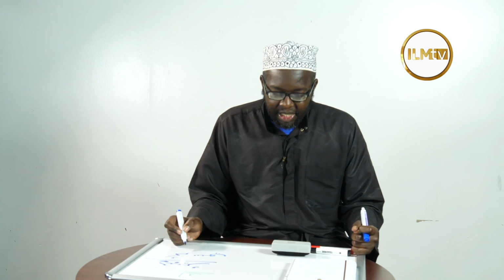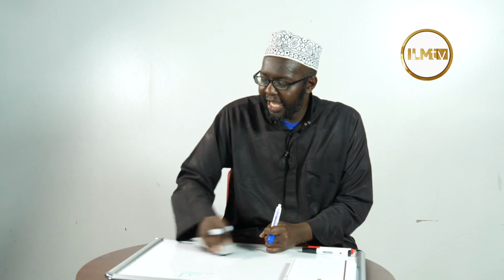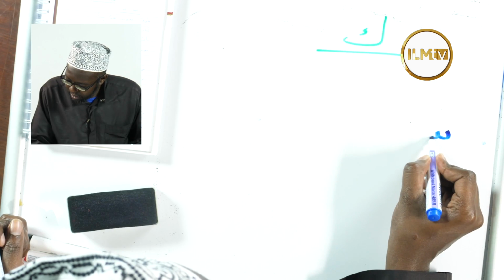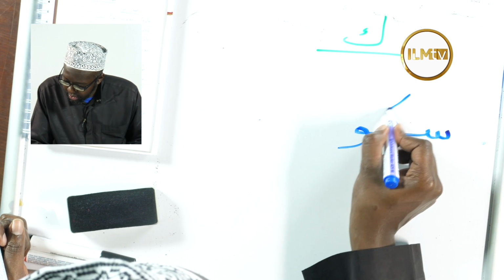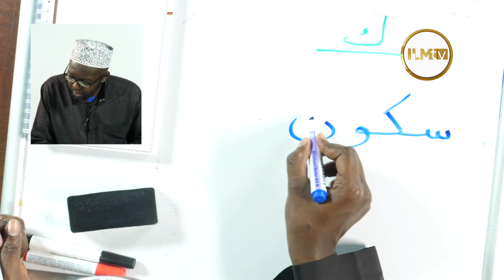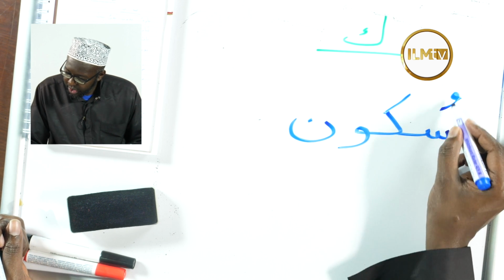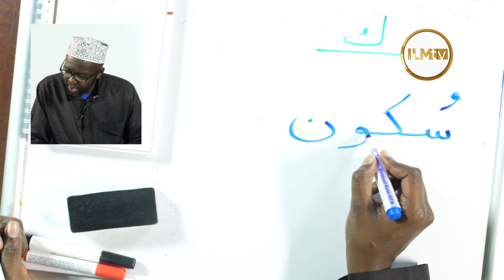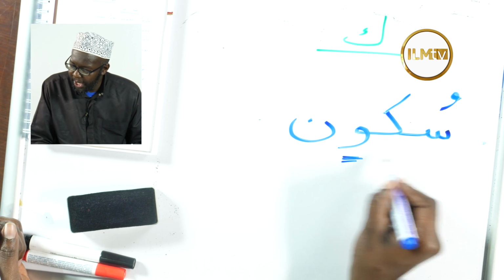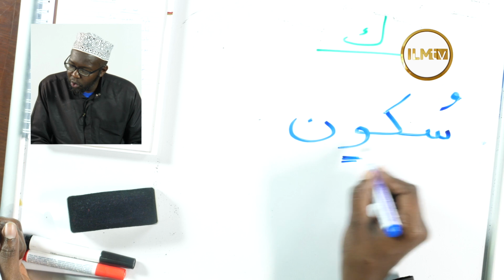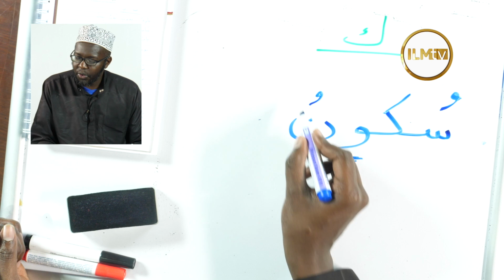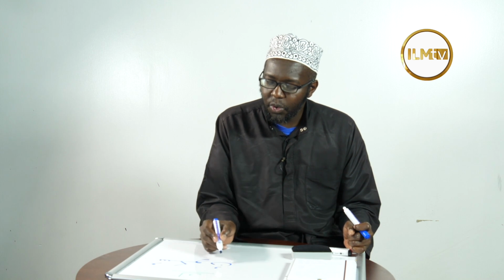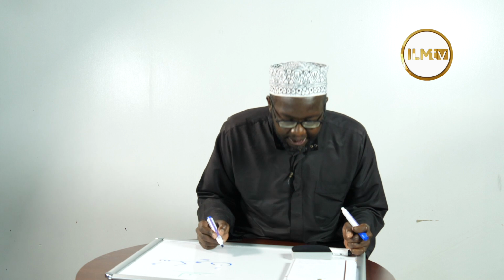Now, let's look at the K in the middle of a word. For example, we have su, ku. Su, k, u. This is a long vowel, so suku, nu, sukunu. Okay?